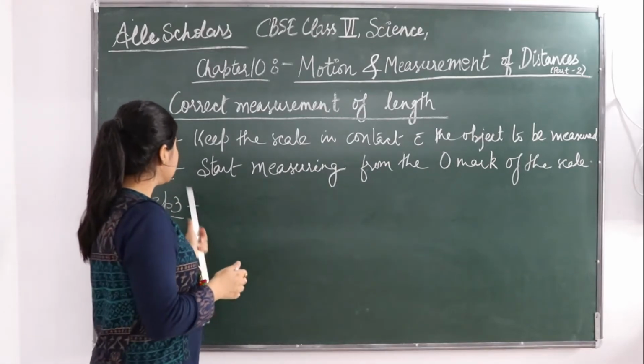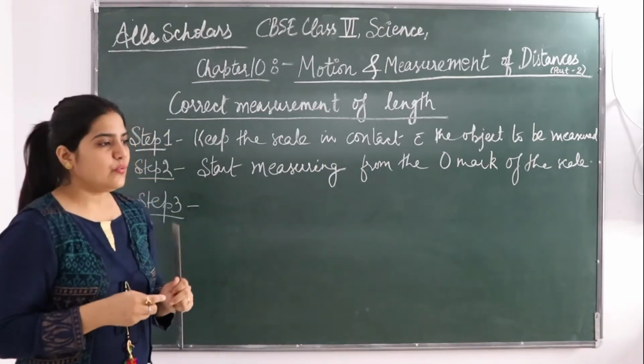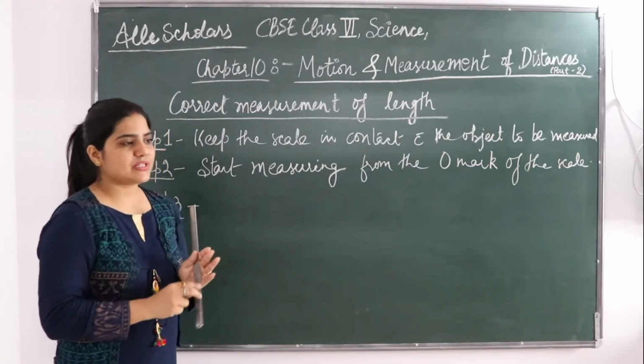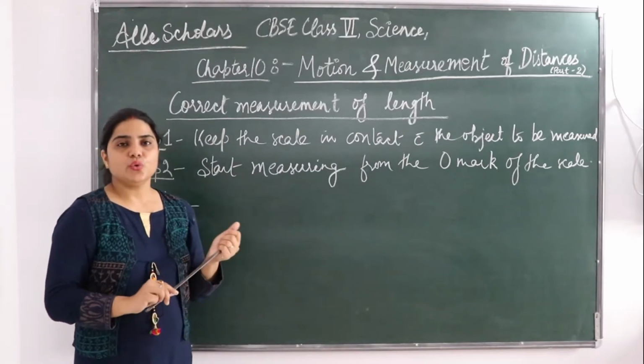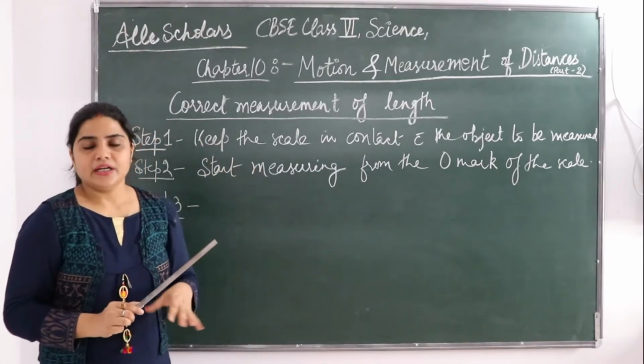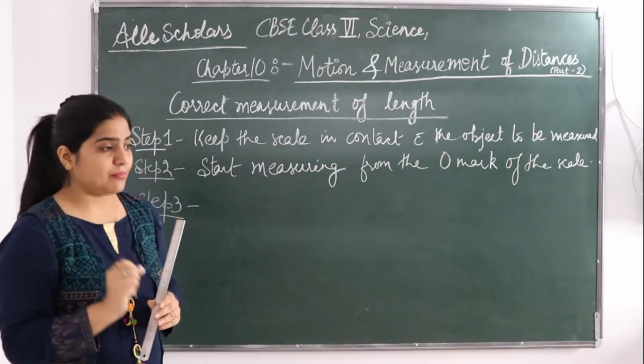The third thing, and a very important thing, is that if you want to take a correct measurement and avoid getting an incorrect measurement, the eye position should be very correct. Eye position matters.